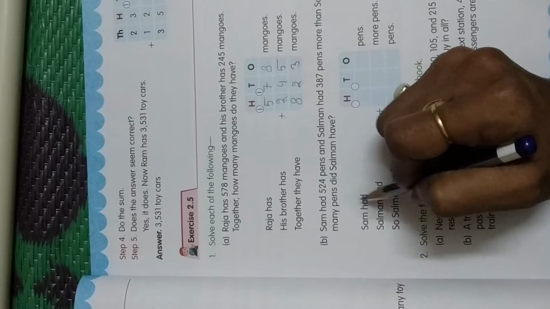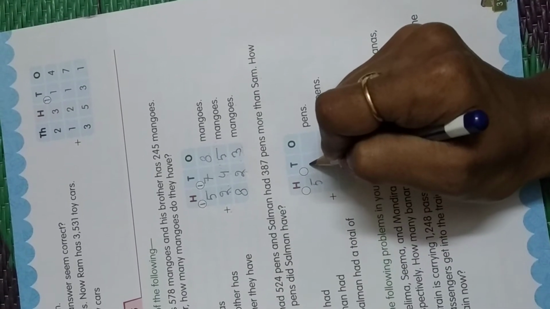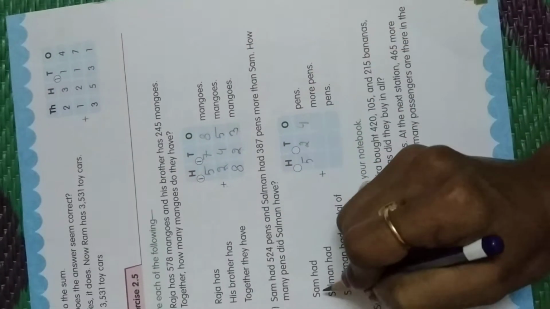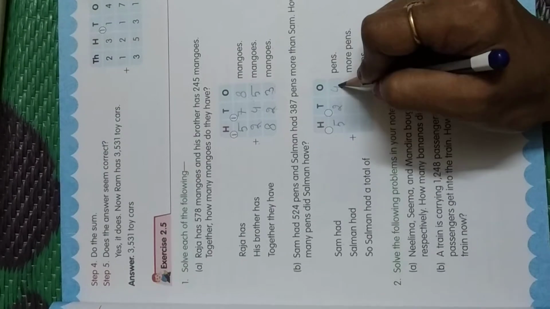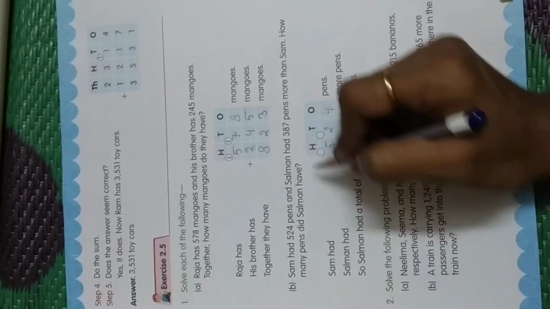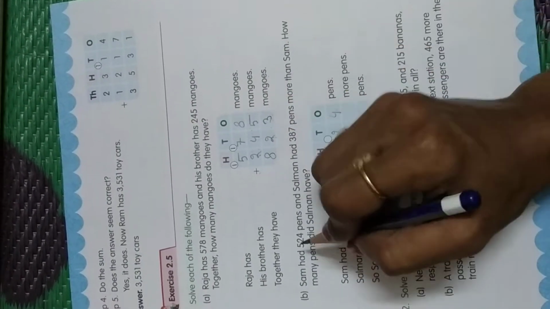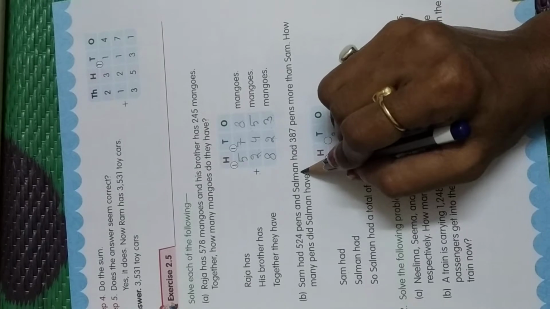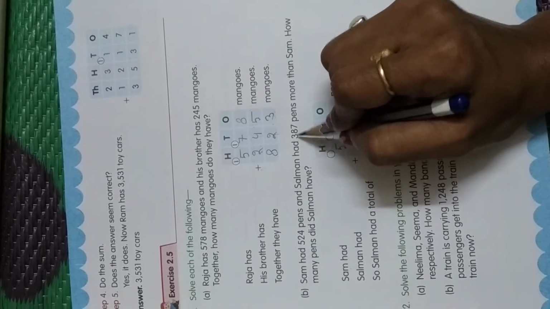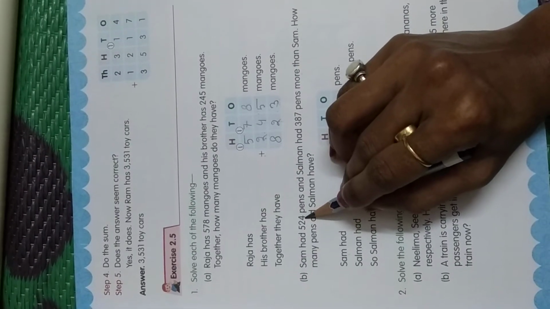How many? 524. Sam had 524 pens. Now Salman had how many? More than Sam. Salman had 387 more pens from Sam.